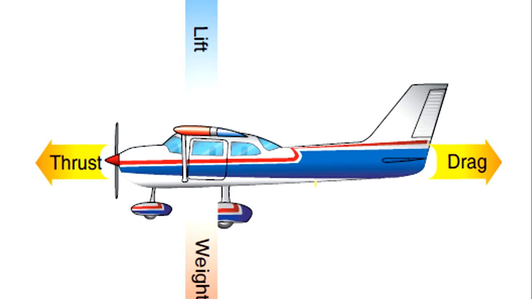Now lift must be stronger than the weight pulling down on the plane in order for it to fly, because if the weight is greater, the plane will not be able to fly. So at the time of taking off, the lift must be greater than the weight.